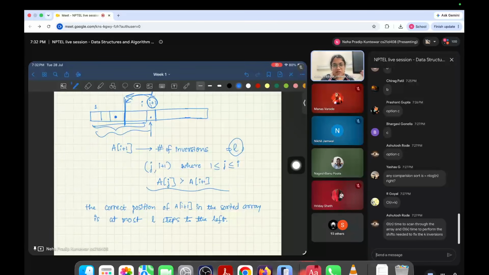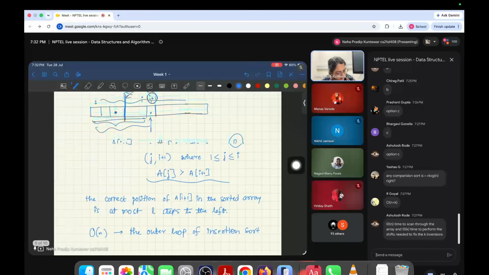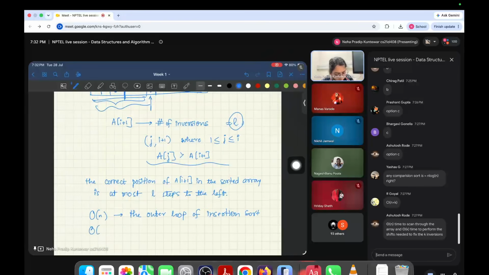So the worst case that could happen is that you end up spending order n amount of time in the outer loop of insertion sort, and you would end up using at most order k, or exactly k, comparisons in finding the correct position.